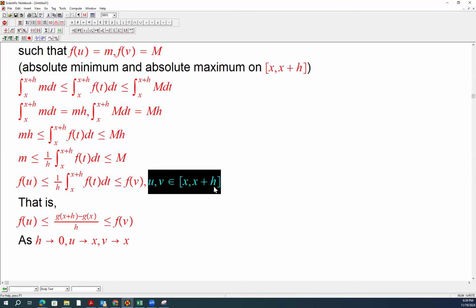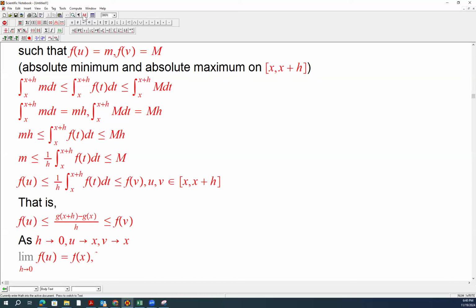So in the limit as h approaches 0, f of u, being a continuous function, approaches f of x.